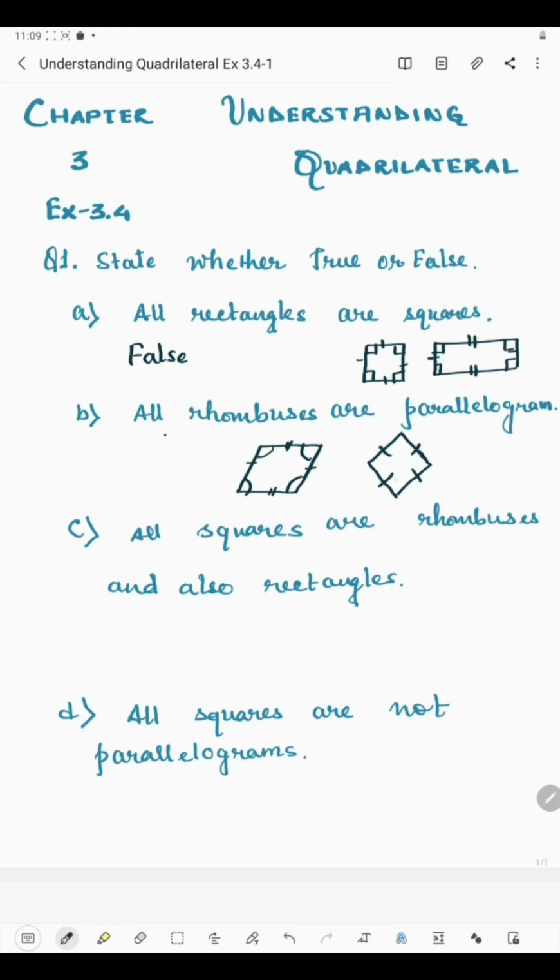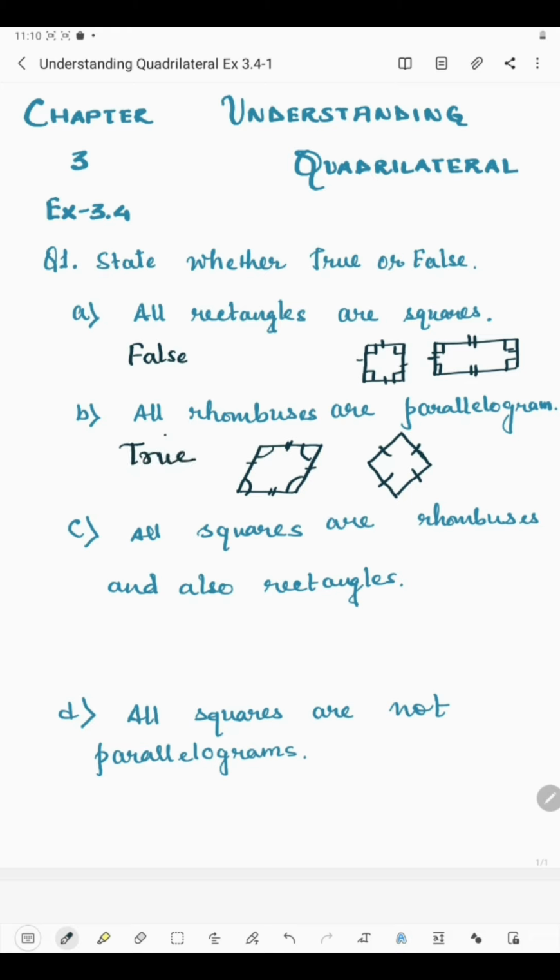Here we have 4 sides and all 4 sides are equal. It is equal and parallel also. So a rhombus has all the properties of a parallelogram. So we can say that all rhombuses are parallelograms. So this statement is true.